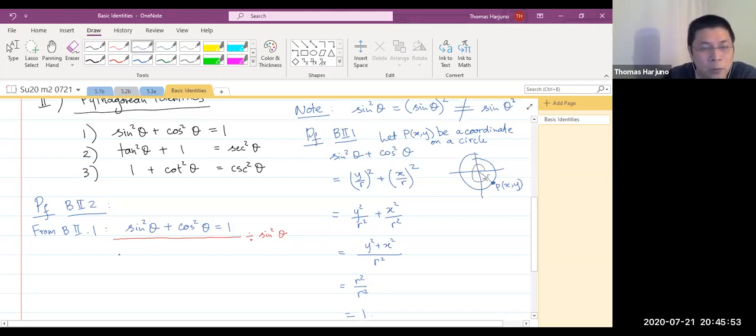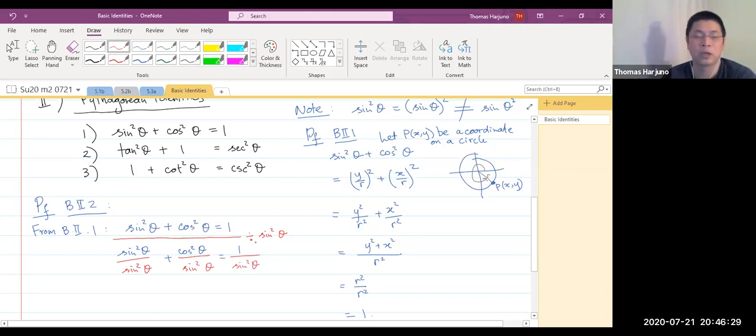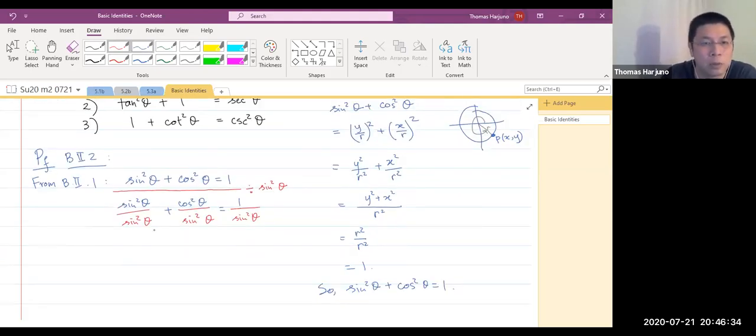So the first term becomes sine squared theta over sine squared theta, the second term is cosine squared theta over sine squared theta, equals 1 over sine squared theta. I basically divide each term by sine squared theta. The first term now becomes 1.